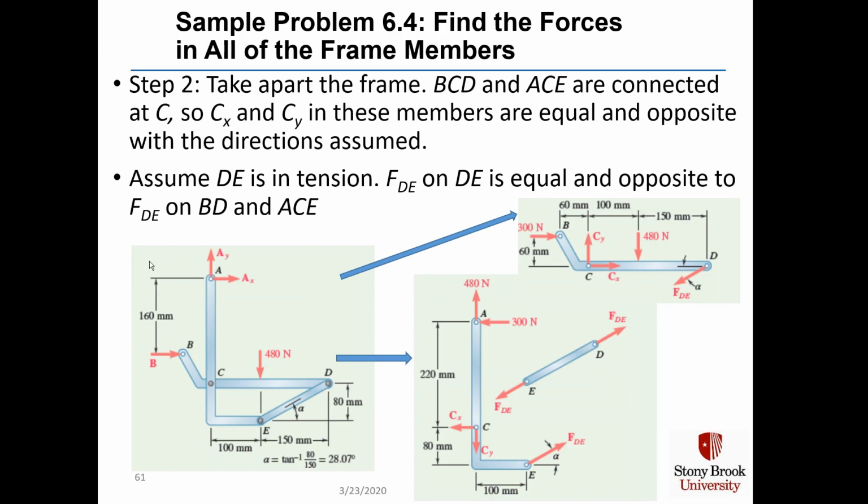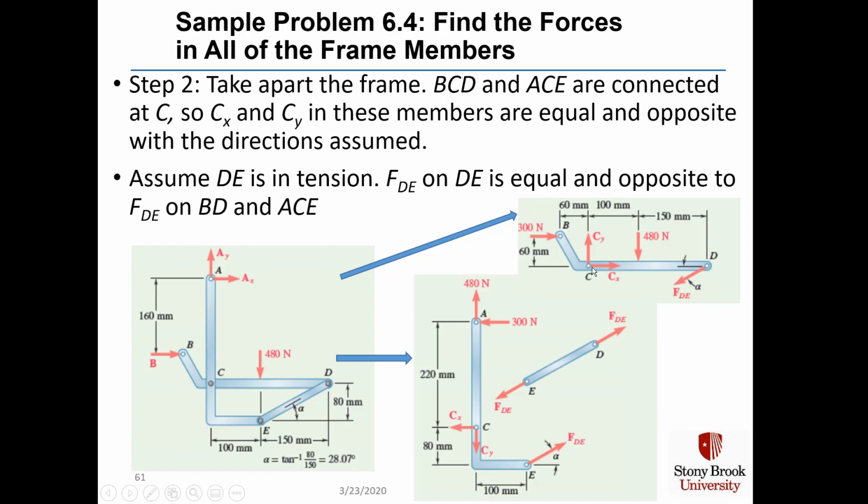In step 2, we take apart the frame. BCD and ACE are connected at point C, so C sub x and C sub y in these two members are equal and opposite, but with assumed directions.